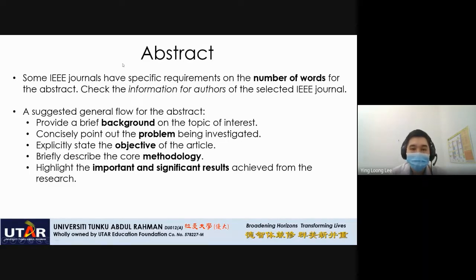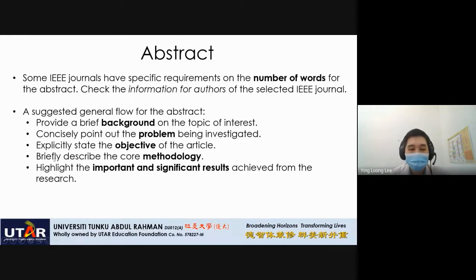Okay, the abstract, right? I would suggest a flow here. Your abstract should consist of the background on the topic of interest or the topic of your work. And then the next thing is to point out what is the problem that you are trying to investigate in the work, right? And then you should mention the objective of your work, okay?